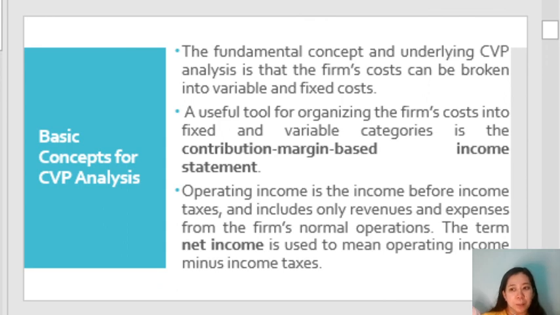So later on, I am going to describe to you the difference between the income statement that we normally prepare, okay, and the contribution margin based income statement.